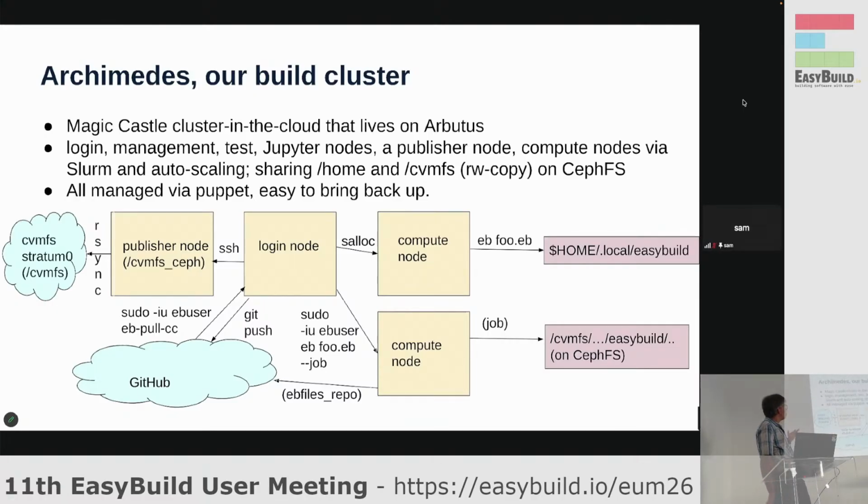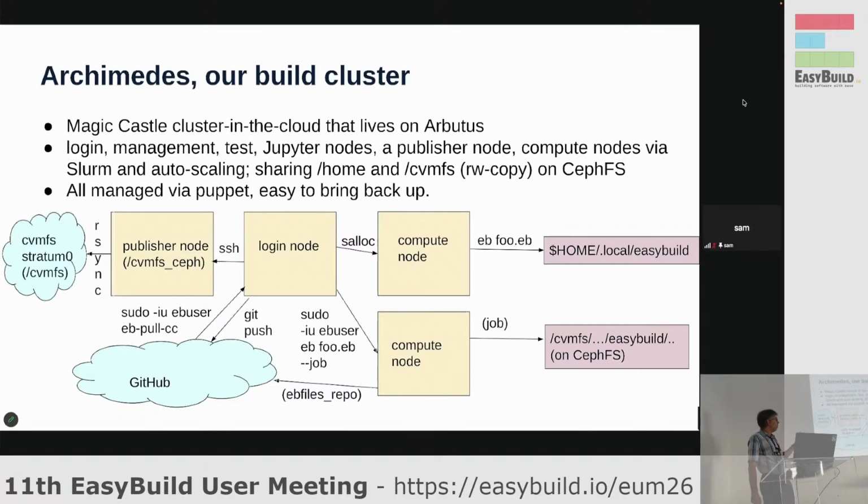So we just log into our build cluster, we go in the login node, and then it just looks like any regular cluster. You can salloc an interactive job to a compute node, or you can use --job with EasyBuild and run your code on the compute node.